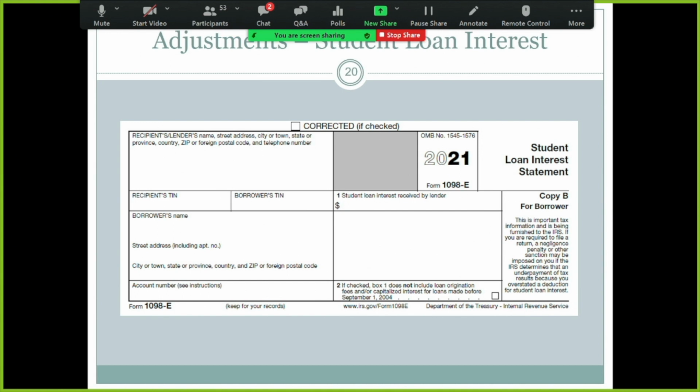The form listed here is a 1098-E, and this is the form that the lender provides to the taxpayer. And information will be listed in box 1.